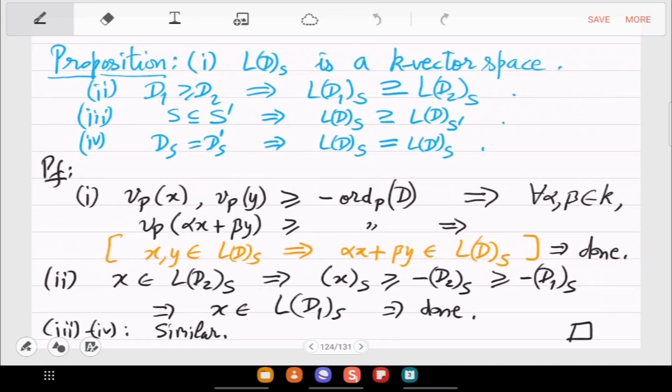This is true also for LD, and you have these comparisons. If you pick a bigger divisor, then the LD sheaf is bigger. If you pick a bigger subset, then the LD sheaf can reduce. These things actually follow from valuation.